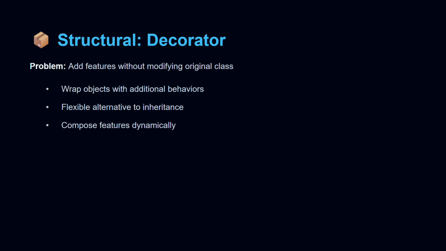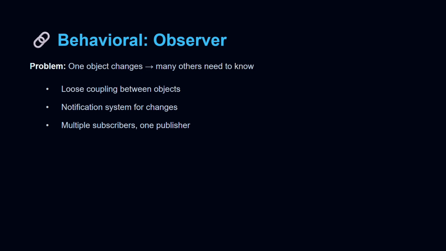And let's jump to behavioral patterns, where the Observer pattern is fundamental. When one object changes, many others need to know immediately, but we don't want tight coupling. Observer pattern provides loose coupling between objects and a notification system for changes.